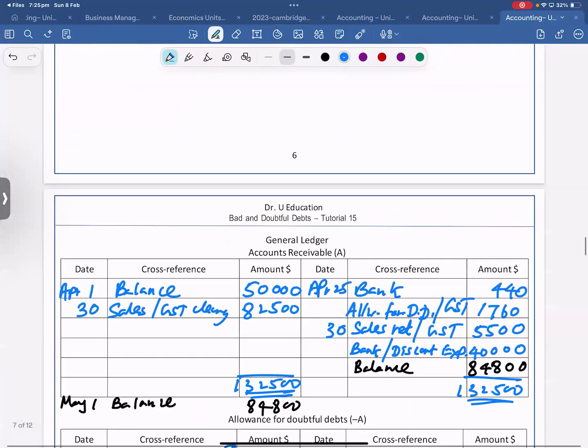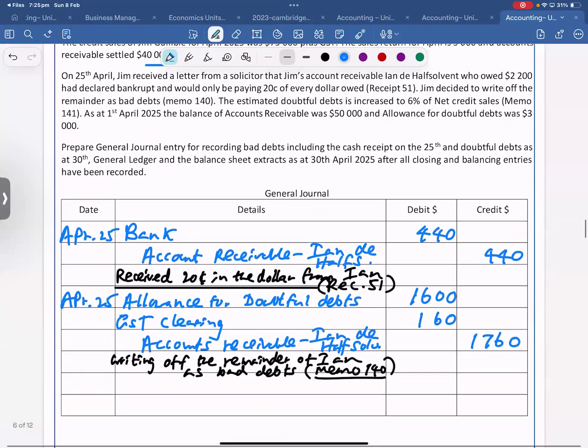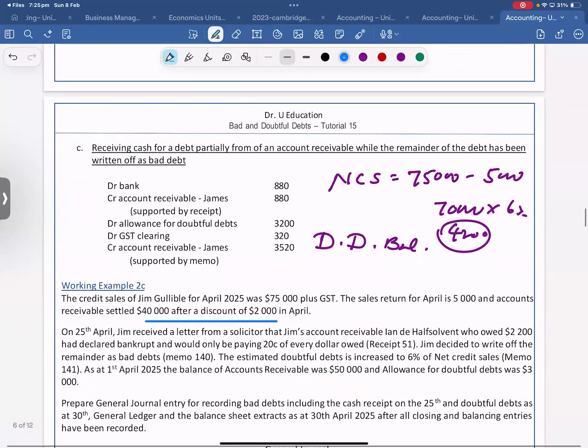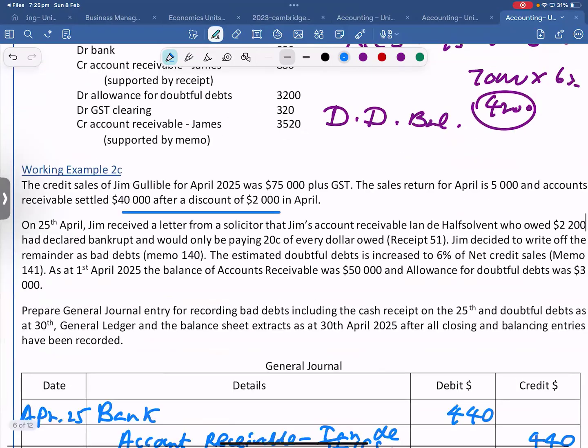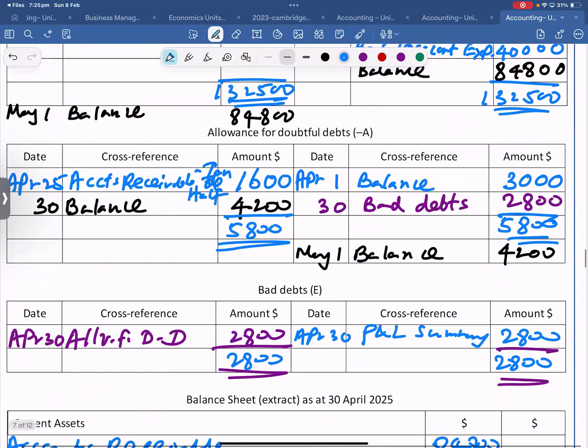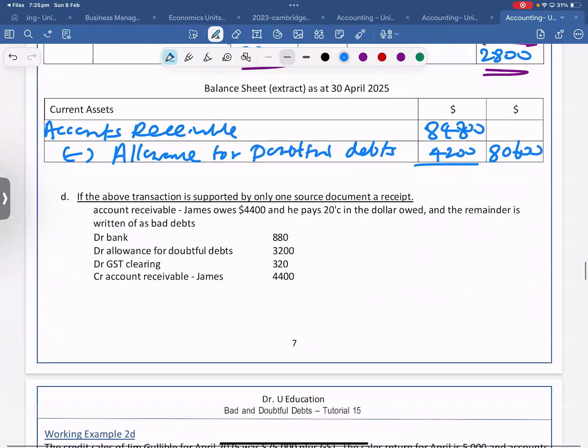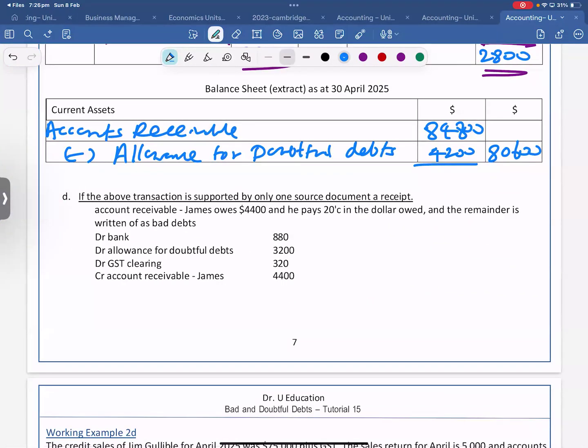It's the same question, except one difference. What's the difference, guys? Earlier we had seen two sets of source documents, so we had two sets of double entries as well. But in this one, the entire situation is supported by only one source document.